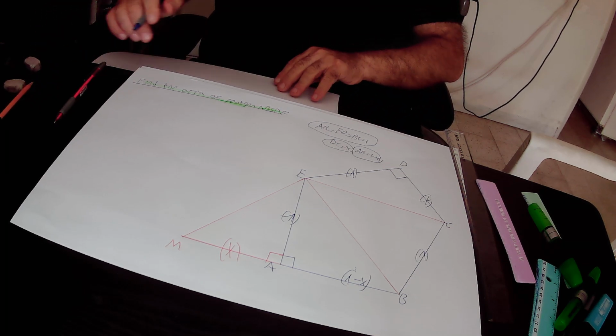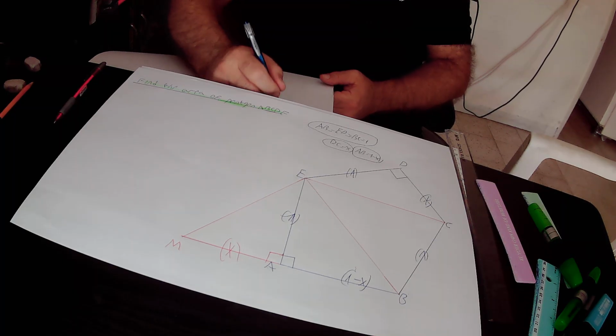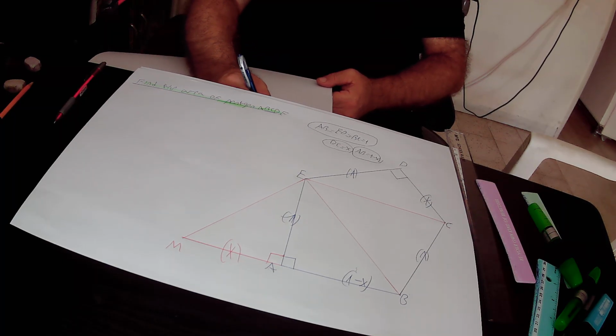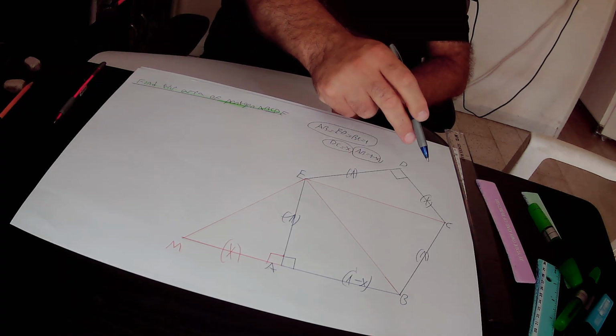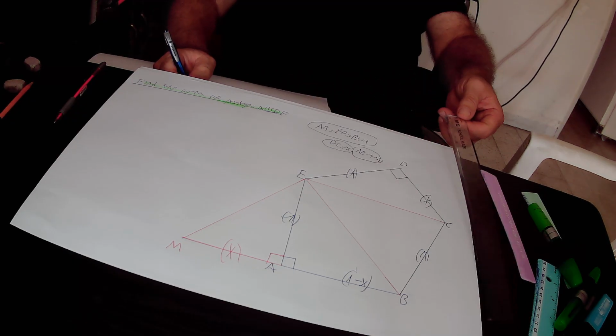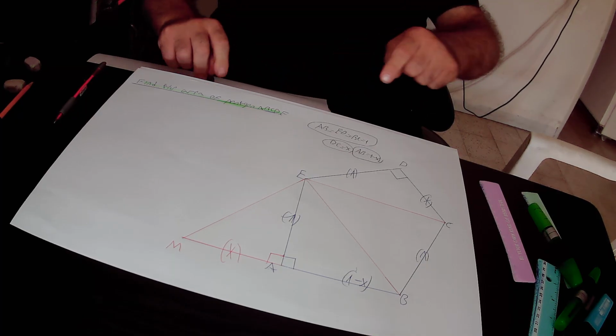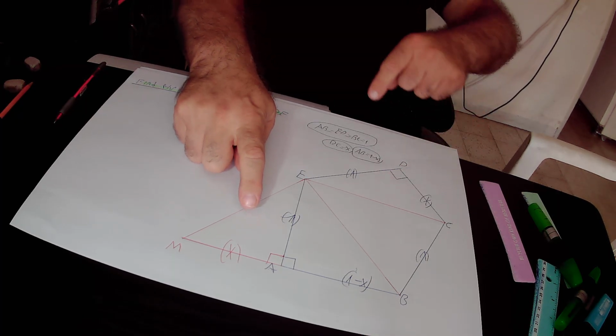So we also prove that the right triangle EAM can be welded onto this right triangle EDC.